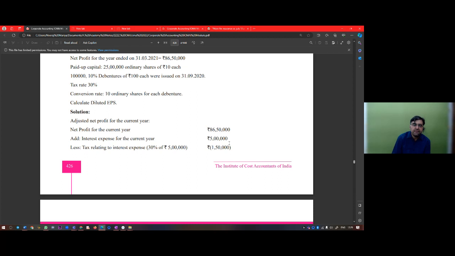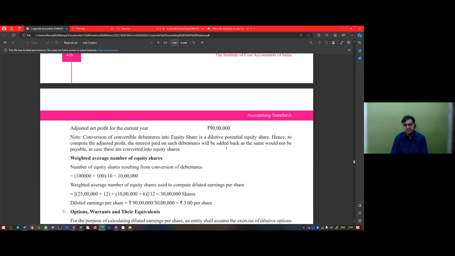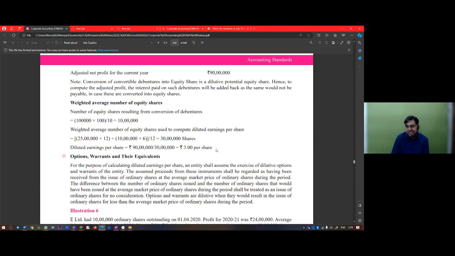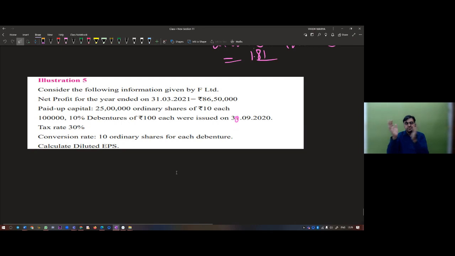Believe me, there is some problem in the answer. No, then it is correct. Okay. They are giving the answer rupees 3. Can we arrive at the same answer, rupees 3? Are you ready? Let's see.